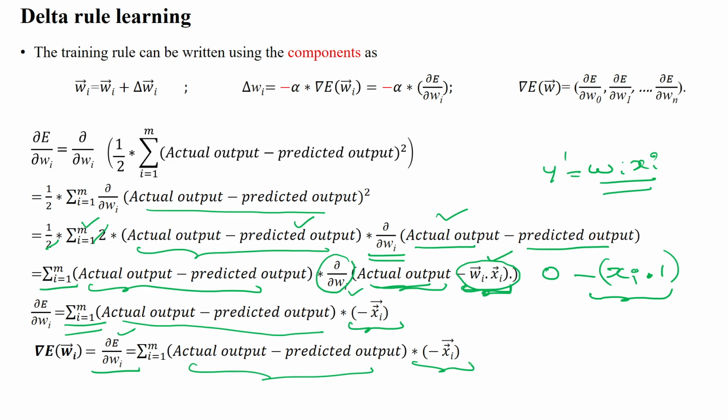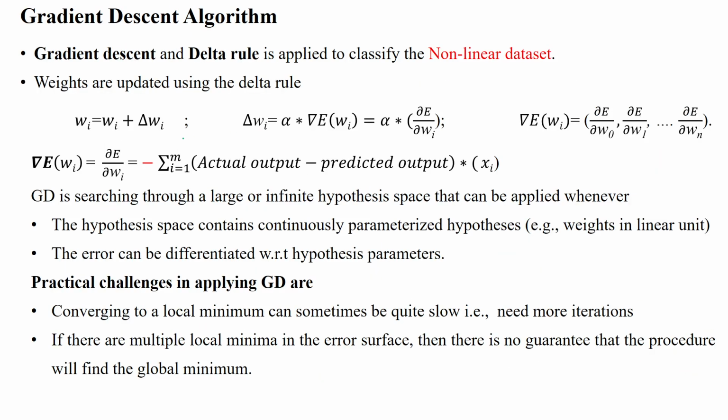Finally we get minus summation of i equal to 1 to m, actual output minus predicted output, into xi. This is the term we get by using the gradient rule and delta rule when classifying the nonlinear data set.